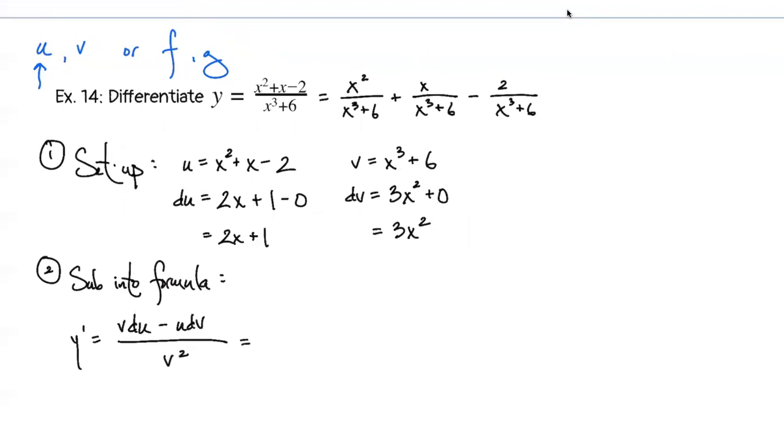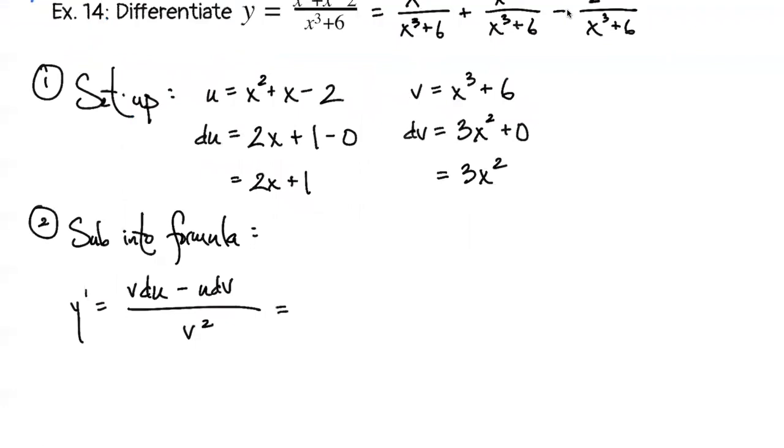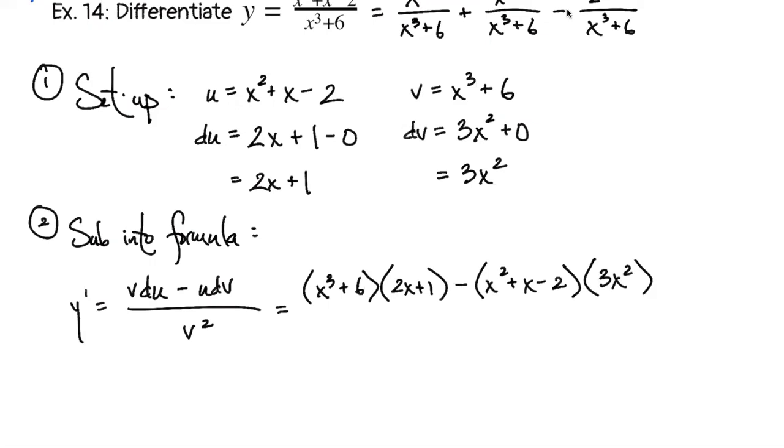And we're going to substitute in all of our things: x cubed plus 6, 2x plus 1, x squared plus x minus 2, 3x squared. And on the bottom, I'm going to put x cubed plus 6, squared.